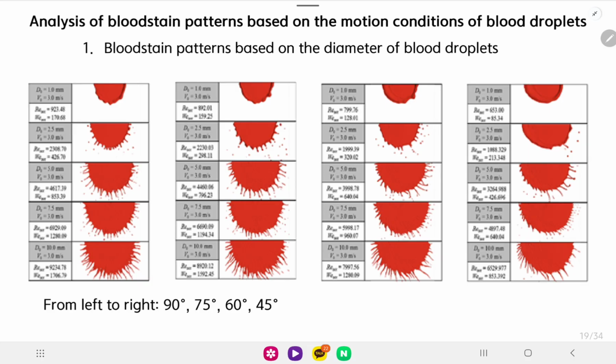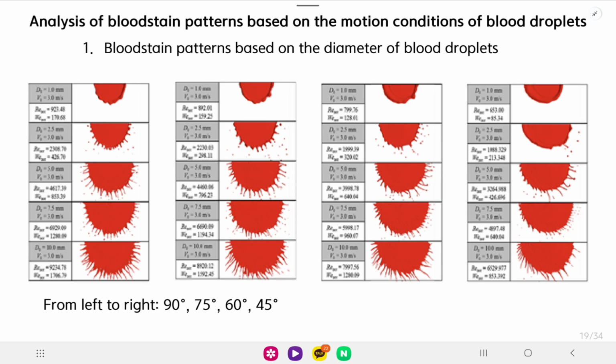The diameter of a blood droplet affects its momentum upon impact, which in turn influences the size and distribution of the resulting bloodstain. To analyze this effect, droplets ranging from 1 mm to 10 mm in diameter were tested under a constant impact velocity of 3 m/s at four different impact angles: 45, 60, 75, and 90 degrees.